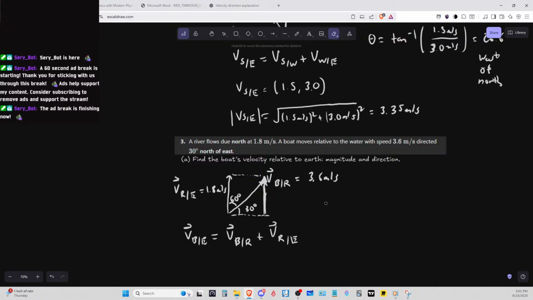I mean, if we were to pick this one, I would say that the direction might be a little bit easier. So the angle is 60 degrees east of north.